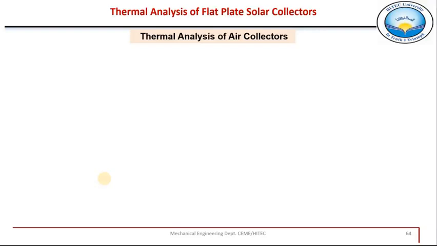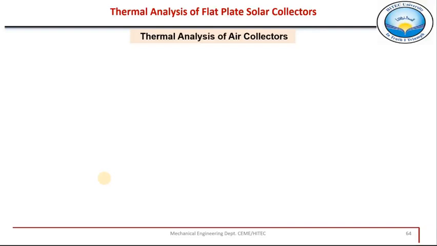So solar air collectors are quite similar to liquid solar collectors. Here we shall be studying the same flat plate type of air collectors. The major difference is that now there will be no closed pipes or small diameter pipes through which the air can flow.